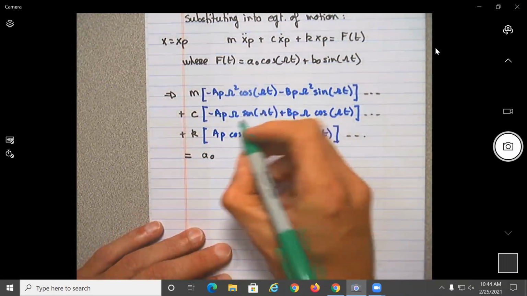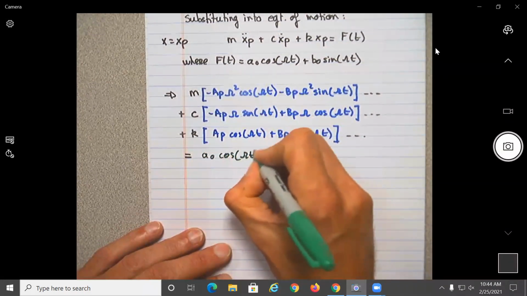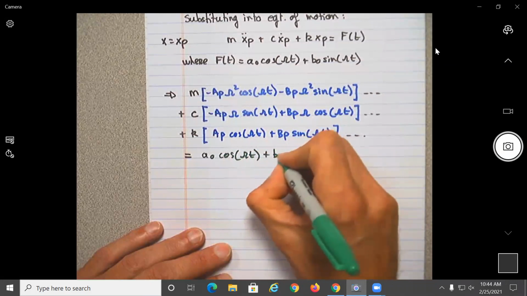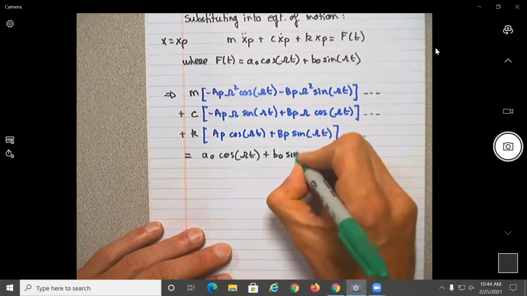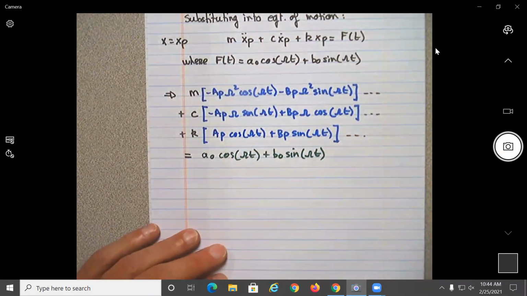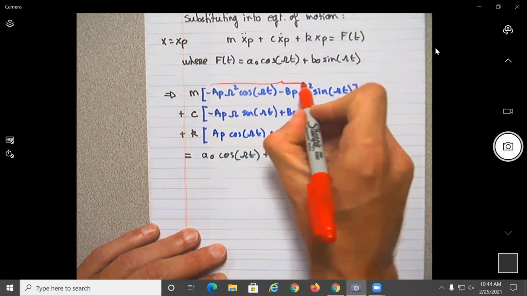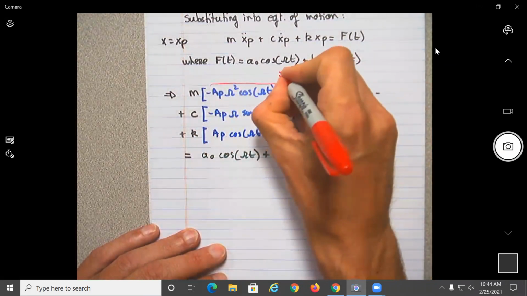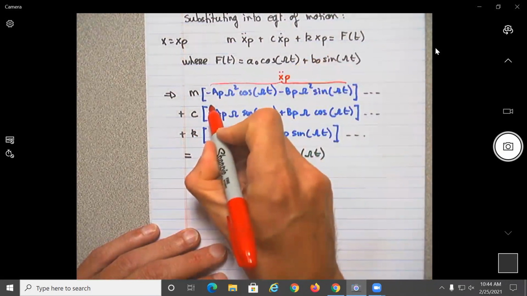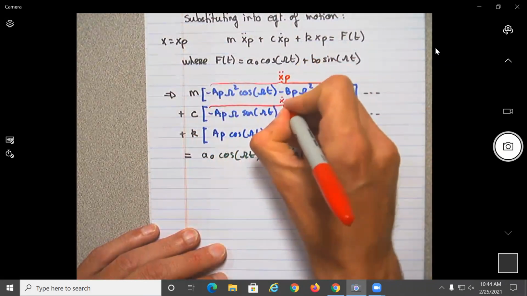Okay, and this is equal to a sub naught cosine capital omega t plus b sub naught sine capital omega t. So basically, if you want me to put some detail here, this will be the x double dot p. This is the x dot p.